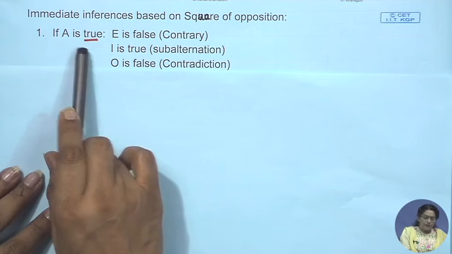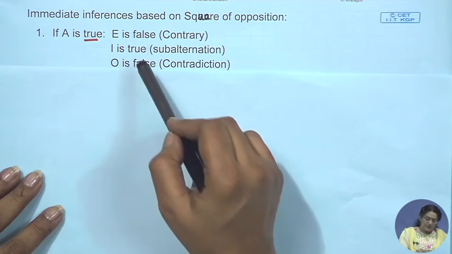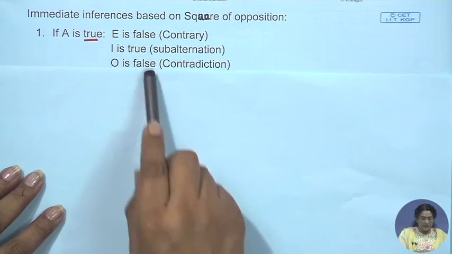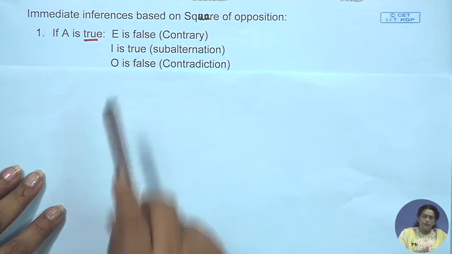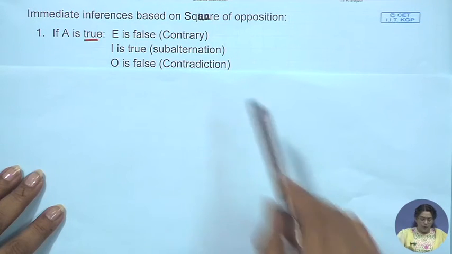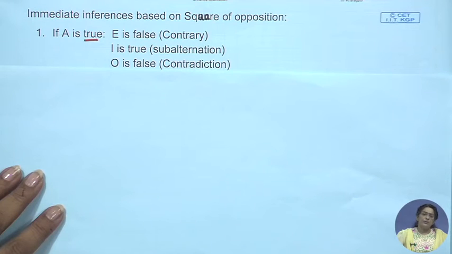So, if A is true, the corresponding I has to be true. Now, you have just made some inferences about them and determined their truth values. Did you do any truth table? Did you do any truth trees? Did you just do some calculation to do that? No. What you did was to utilize what you know about the square of opposition, right.